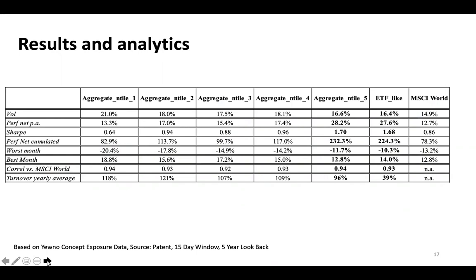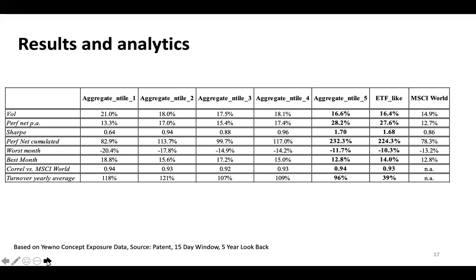You see that here, the ETF portfolio, which is the second one from the right on the table, is the one showing very similar performance metrics, but this time there is an interesting metric, which is the turnover on a yearly basis.